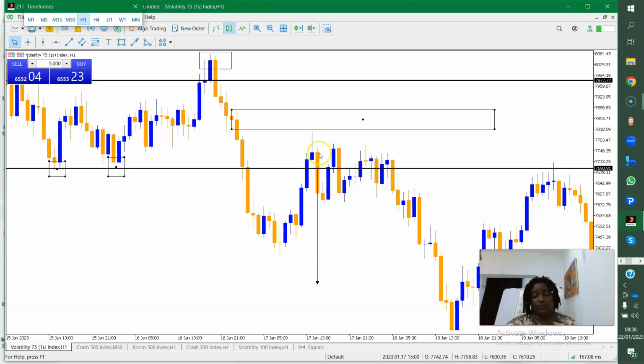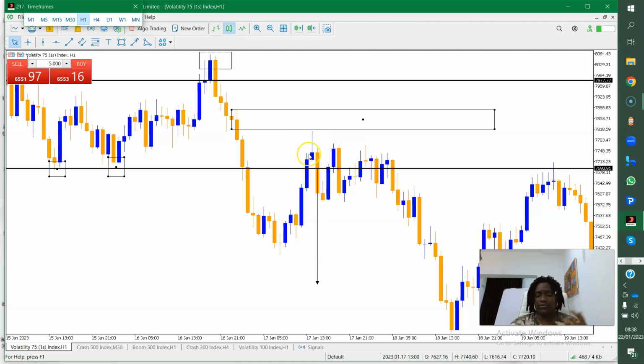So in this case, the confirmation here was the bearish candle that formed after the shooting star. Now this is a shooting star forming right at the supply zone, an area where you are expecting price to reverse to the downside from. So it gives us more reason why we should actually stay confident in taking this sell right now.